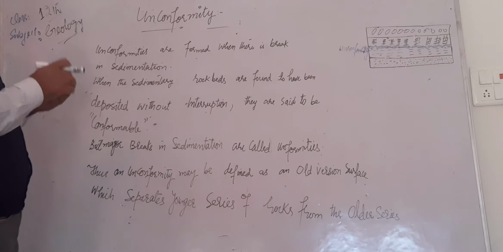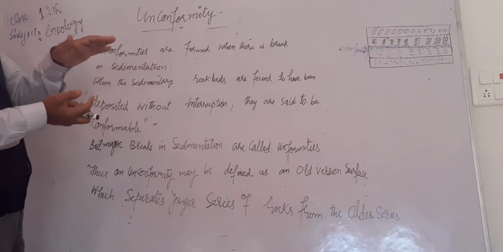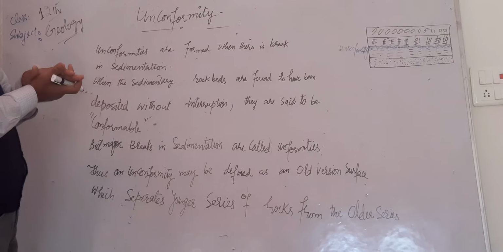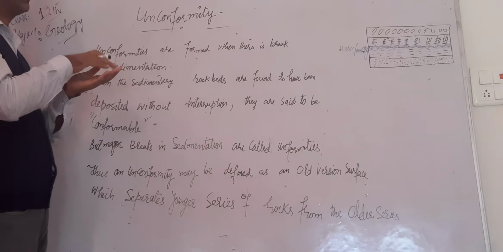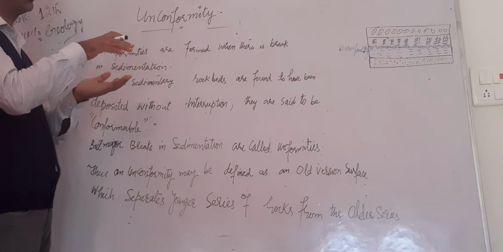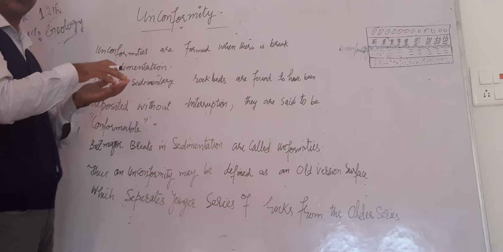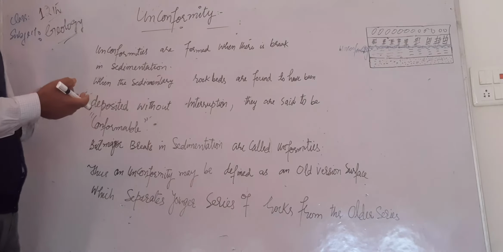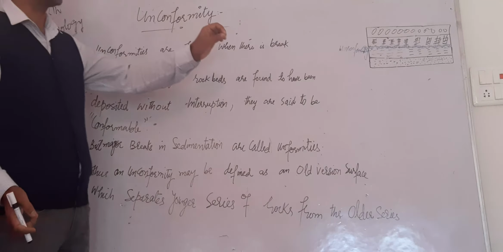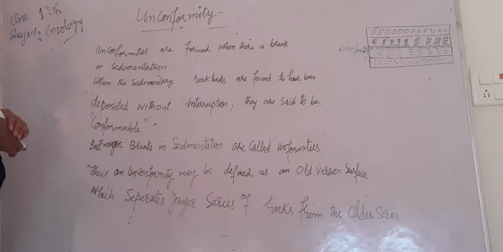But when there is a break in sedimentation, after a period of time, for example a period of 1 year or more than 1 year, or it can be less, we can say that unconformities are formed.